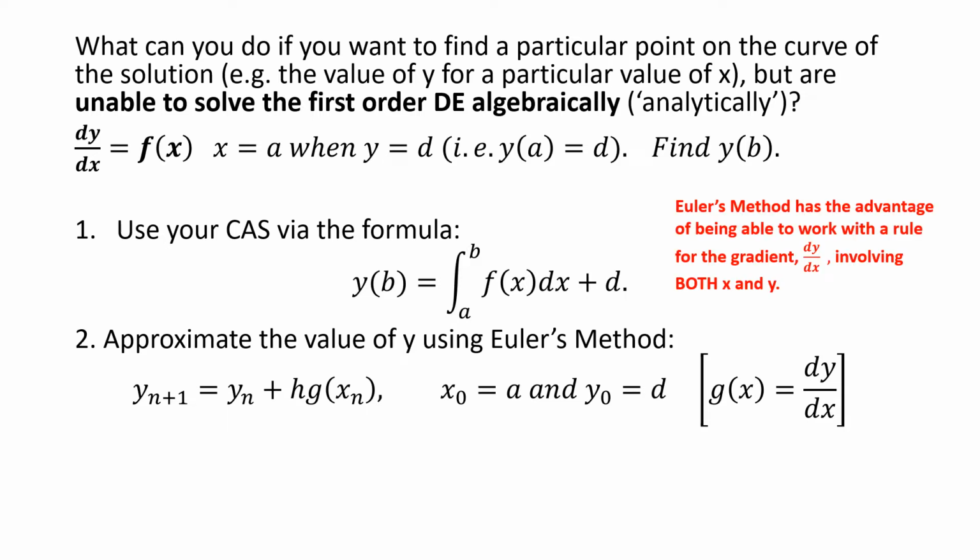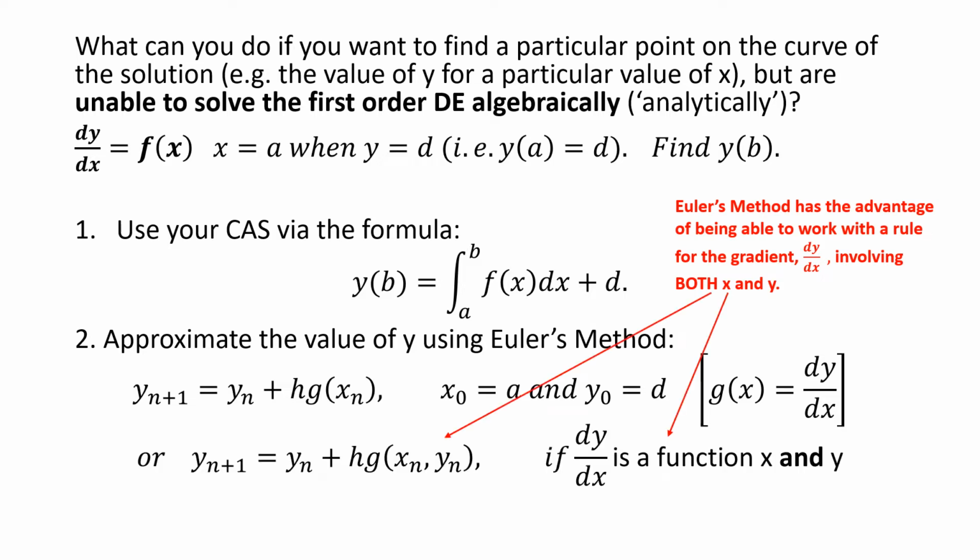Now, Euler's method also has the advantage that the derivative need not be a function merely of x, and that has the advantage over your CAS calculator, which can't anti-derive a rule with x and y involved. But we can approximate it with Euler's method.